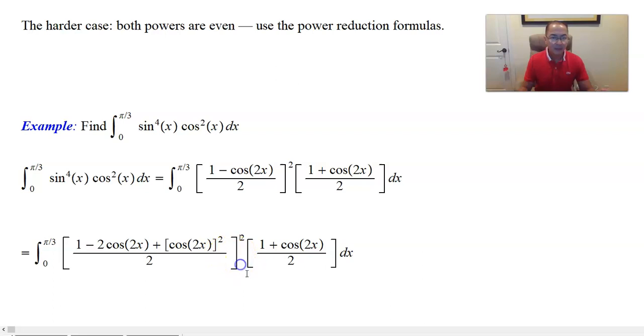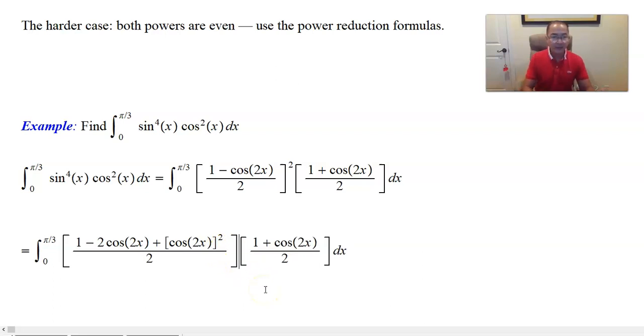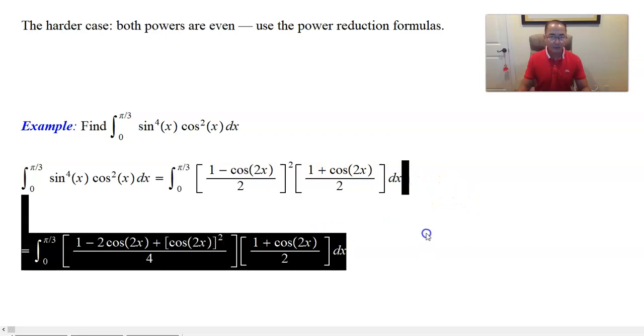But because we're doing some tricky algebra, I want you all to see just exactly what is happening to those powers. 2 squared is 4. Okay, so we have a 1/4 and a 1/2. Let's take out that fraction as 1/8.